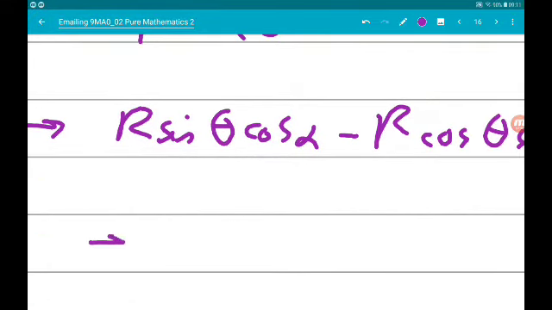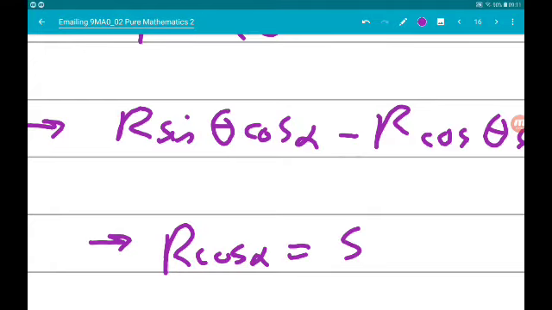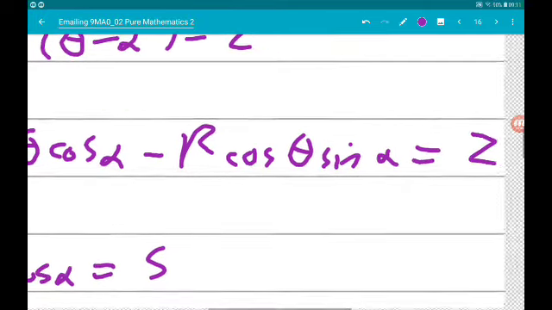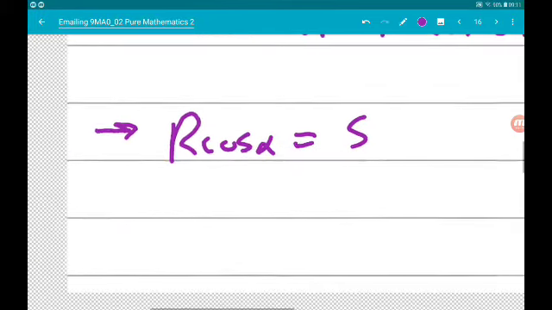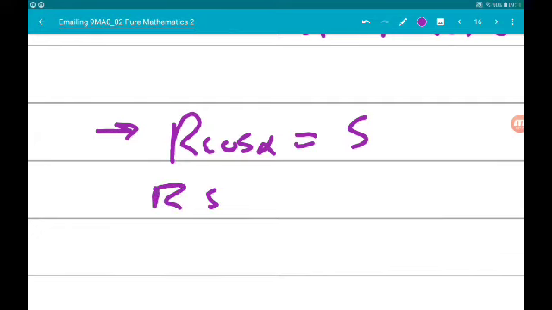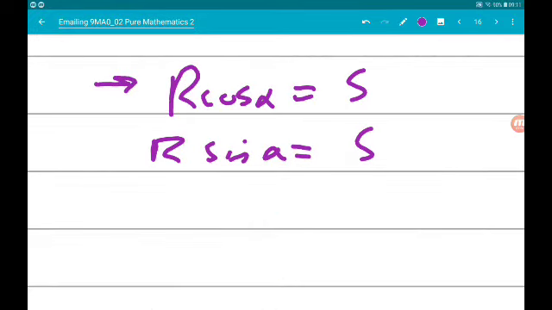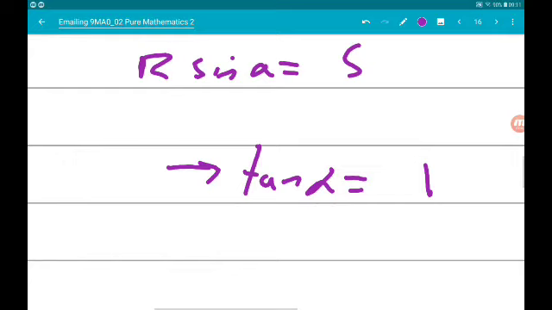So that tells us r cos alpha is equal to 5, and very similarly r sine alpha is equal to 5. Now from that, if we divide r sine alpha by r cos alpha, we get tan alpha is equal to 1. Therefore, alpha is the inverse tan of 1, which is 45.